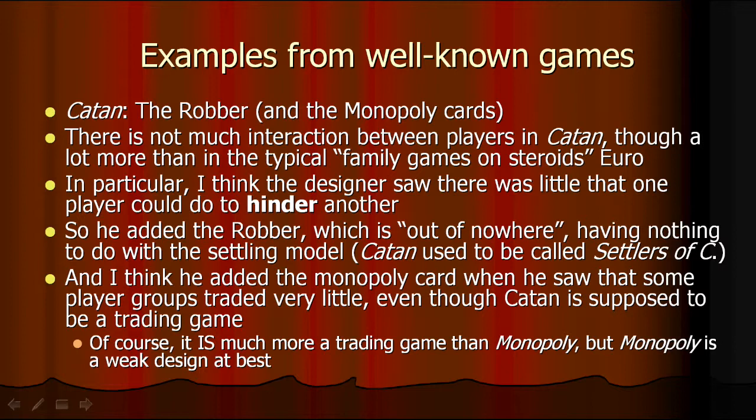And of course, Catan is supposed to be a game about trading, but I've seen many players who don't trade much. Now, of course, it is much more of a trading game than Monopoly, but Monopoly is a really weak design. Settlers of Catan obviously is very popular and is a decent design, although technically speaking it has these kludges.